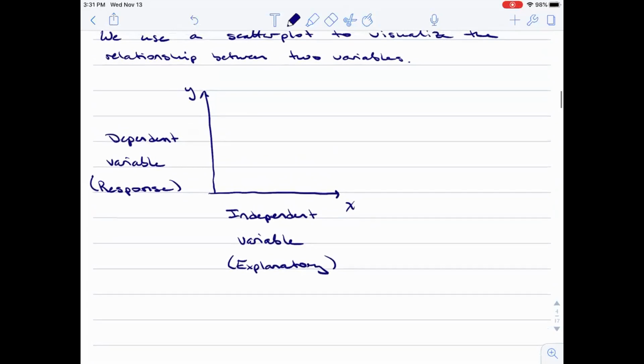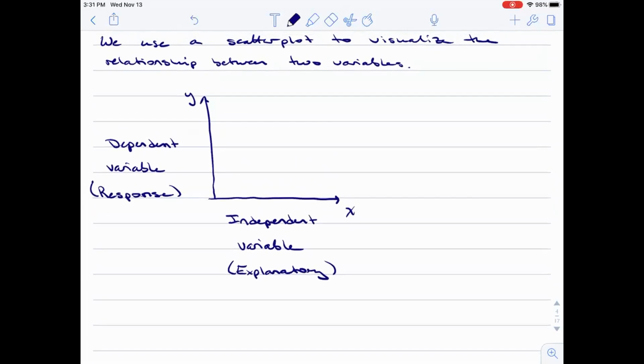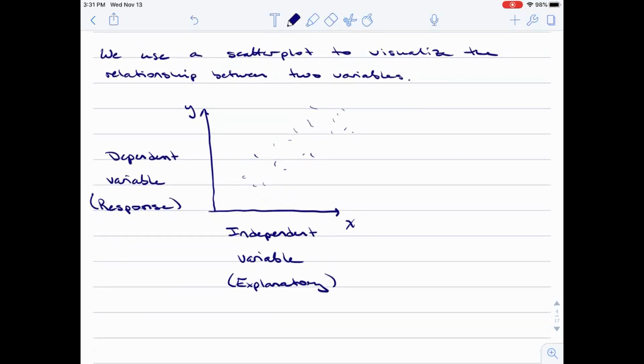In general, a scatter plot is going to look something like that. And so the correlation coefficient is going to be a numerical measure, so it's going to assign some value to the strength. So how close are these things moving together?